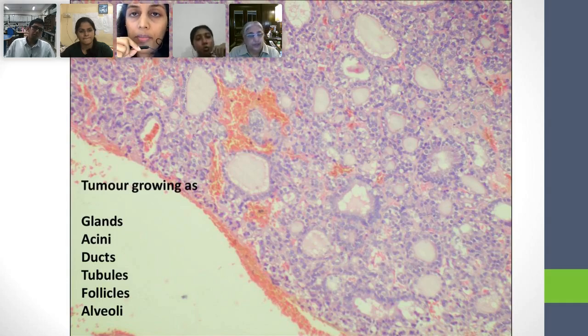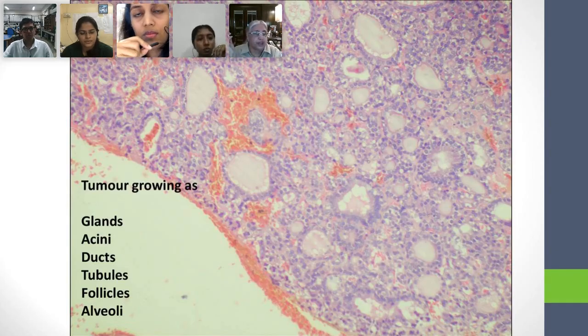With ducts and glands, depending on how you cut them, you will either get a spherical shape or a tangential cut in which the lumen may be elongated. You'll never get that in a follicle. It stands to reason. Once you know it is spherical, there is no question about that.